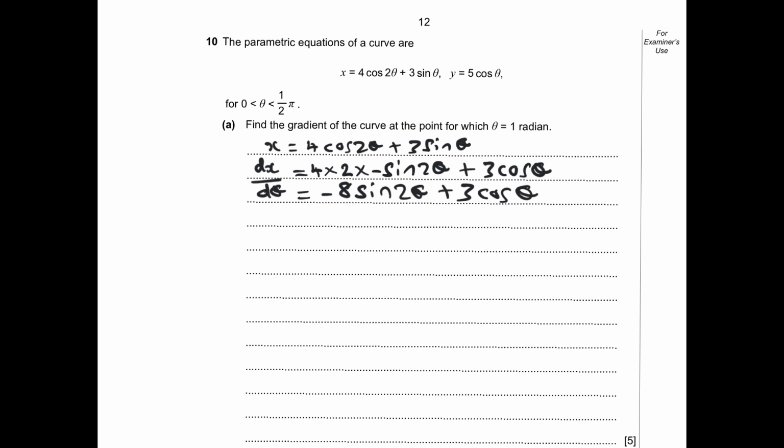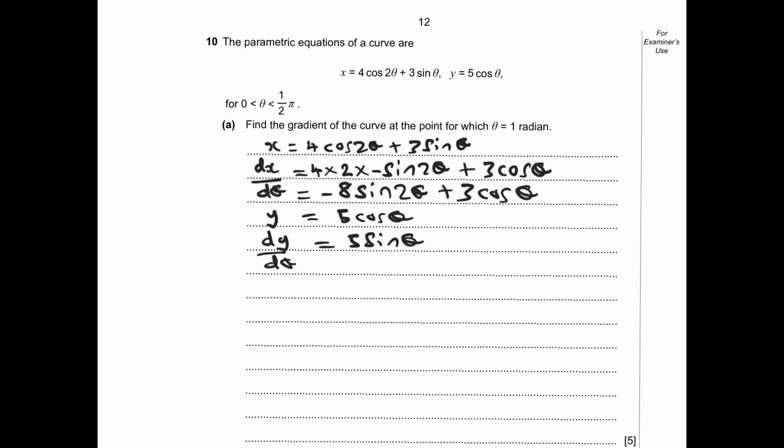And then we do y. Okay, y is equal to 5 cos theta. dy d theta is going to be equal to 5 sine theta.